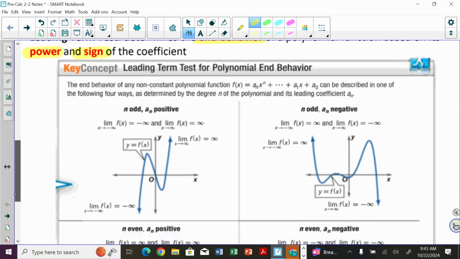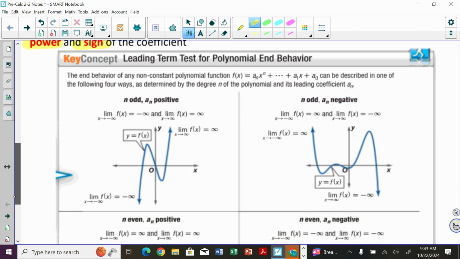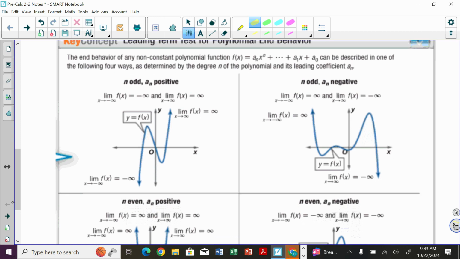So here are the 4 different ways that we can look at it, by what our leading coefficient is, whether it's positive, and what the exponent is. In this case, if we have an odd exponent and our leading coefficient is positive, then you can just look at what the graph is going to look like here, and point out what you see with the limits.